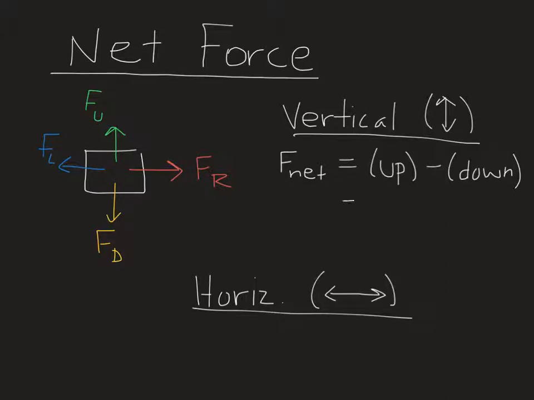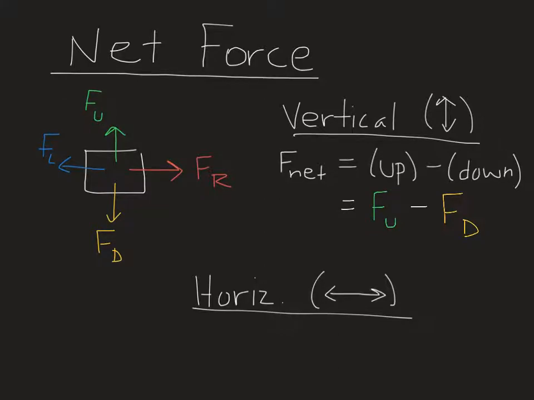So then we know F net is equal to, well, what are our up forces? What's that up force? F U. Minus our down force, which is F D. That represents all of our down forces. Now it could be multiple.